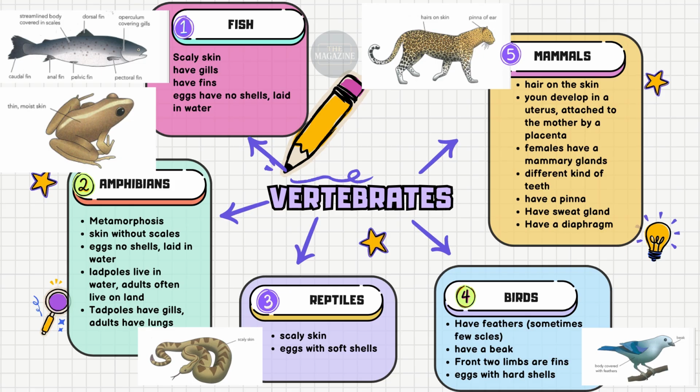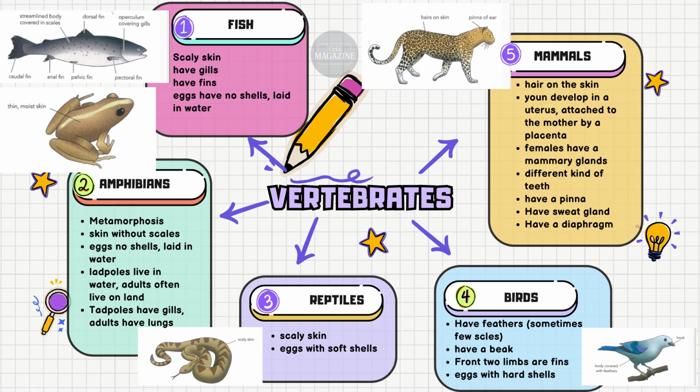But when they convert into an adult, their body shape or physical features are different from the baby shape. So this is what we call metamorphosis.